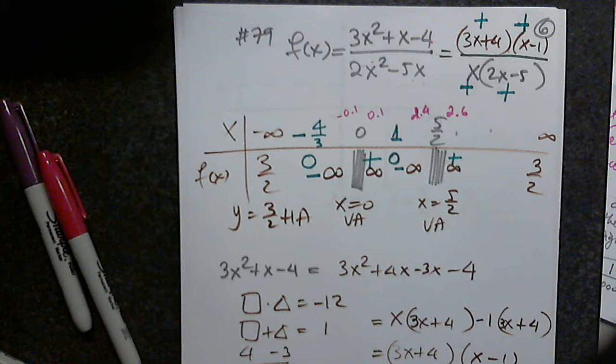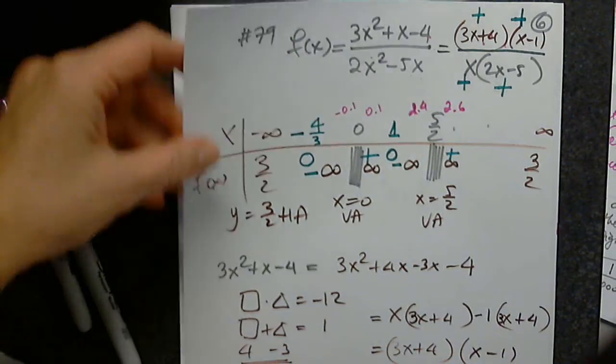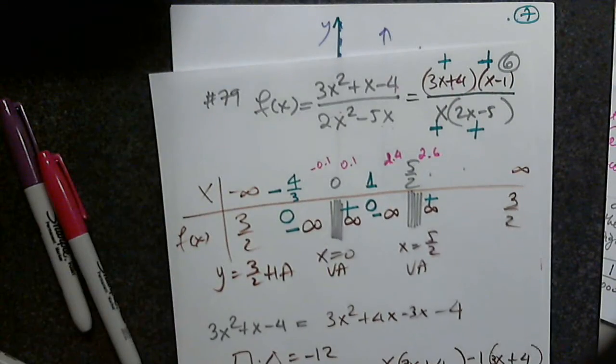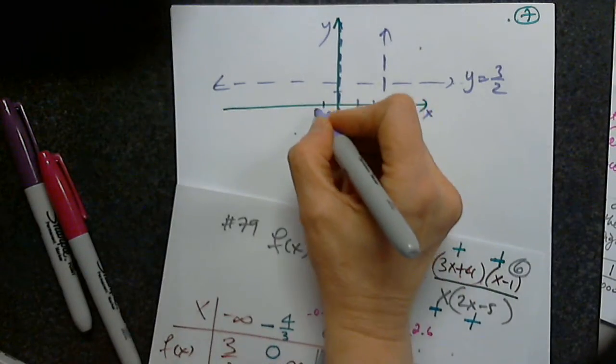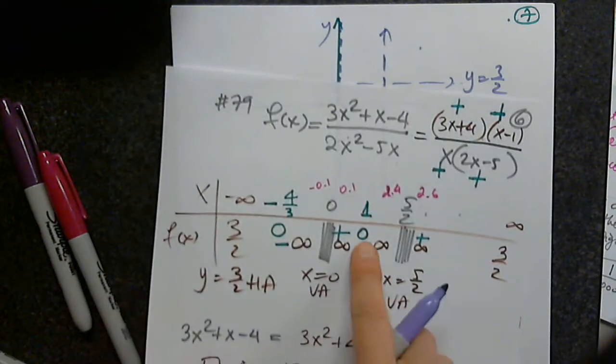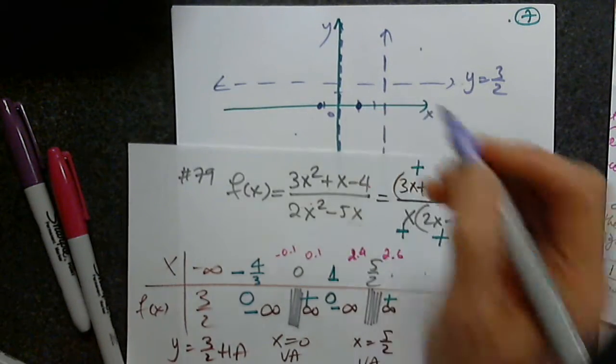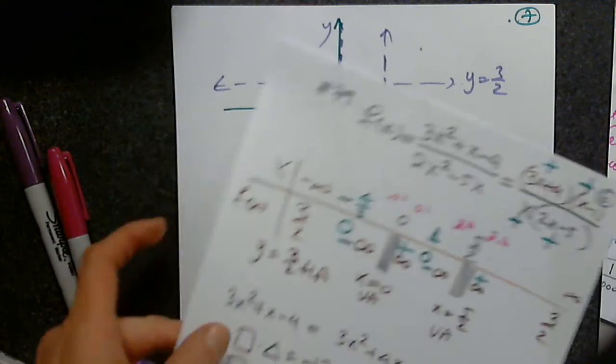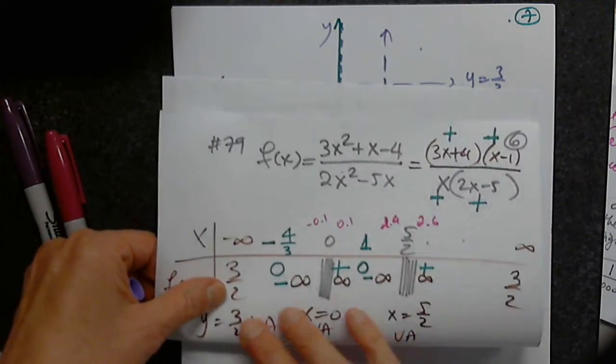On the right-hand side of this asymptote, it's coming from positive infinity going to 3/2. So I have to plot this -1 point something, so somewhere here, and I have to plot this 1, 0. That's all I need. All the information is right here.